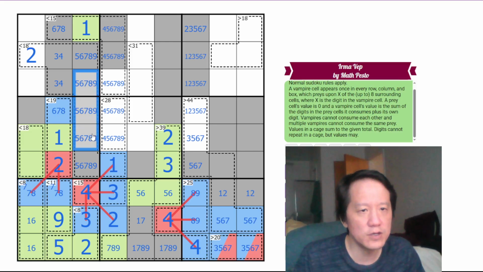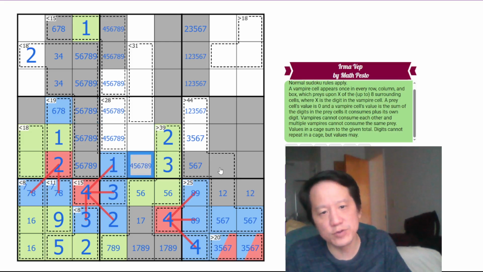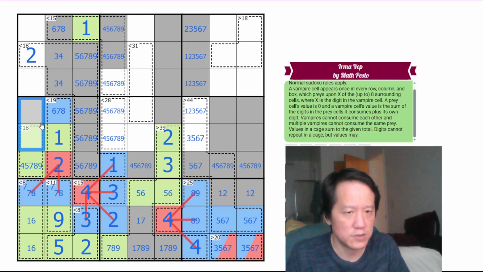Only 3 of these can be preyed out. This is 4 through 9, 4 through 9 here, 4 through 9 here. No 6. So this could be 3, 4, 5, 7, 8, 9 here.